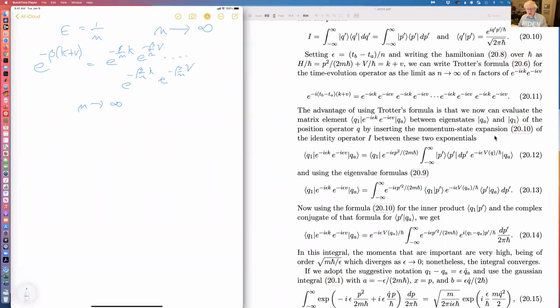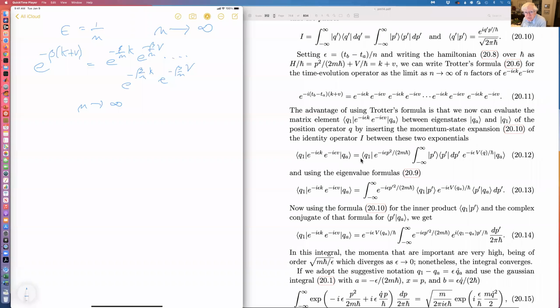And then the trick is you take the first pair of these and you take the inner product with Q states, eigenstates of position. And the reason why one writes it as KV is that if you have Q states at both ends and you stick P eigenstates in the middle, then the P state is an eigenstate of the momentum operator, and the position state is an eigenstate of the position operator in the potential.